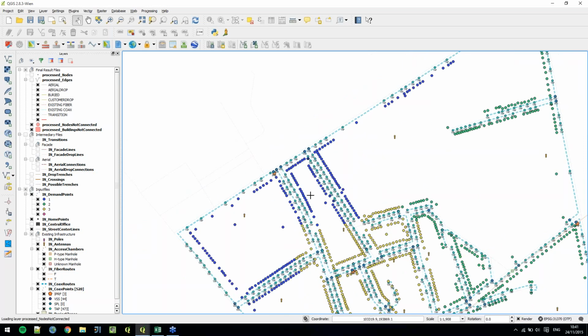When looking at coax, instead of lowering the distance, what we will do here is lower the amount of homes that are connected to our new nodes. And we will look at two different scenarios, one for 32 homes and one for 64 homes.